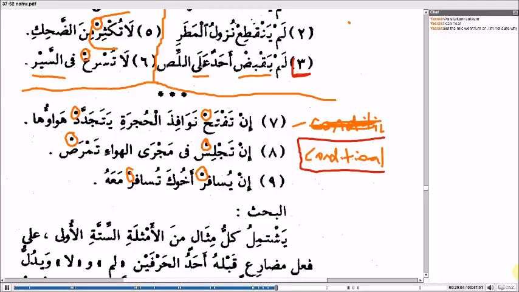Let me see here. So for the word to be majzoom, right? In kuntum sadiqin. Oh yeah. Yeah, but there's no verb there, except kuntum.